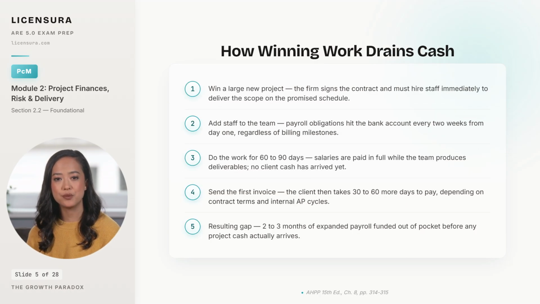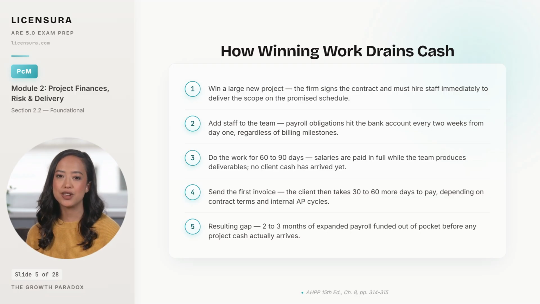Most principals assume that winning a big new project is unambiguous good news. It isn't, at least not financially. Walk through what actually happens step by step. The firm wins the project and signs the contract. To deliver, you have to staff up immediately, which means new payroll obligations hitting the bank account in the next 2-week cycle.